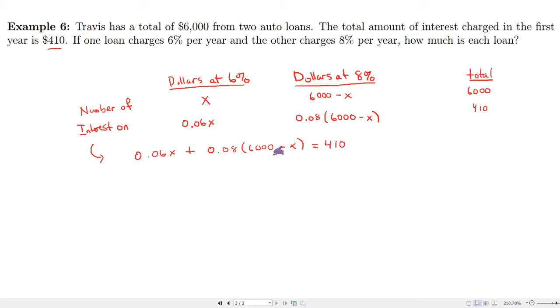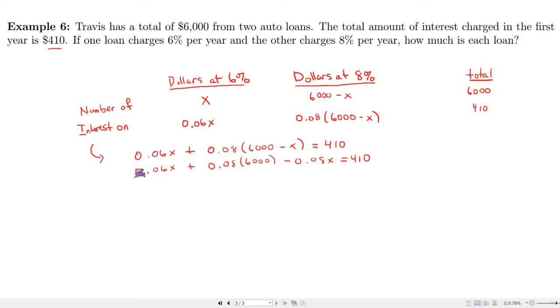All right, and now at this point you can kind of forget for a second that we're actually solving this financial problem, and just look at this equation and solve for x. So let's expand. So 0.08 times 6,000, we could write that out, and then minus 0.08 times x equals 410.